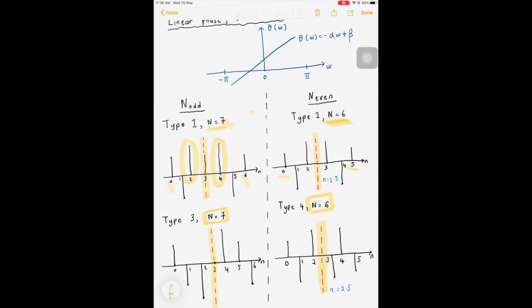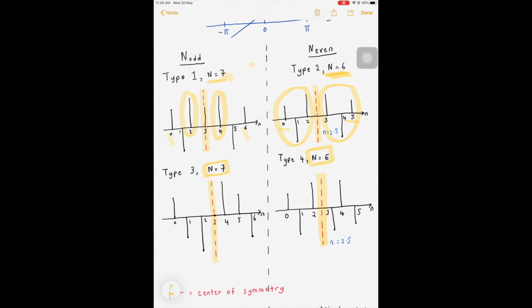Same goes to the others. For type 2 with even N, you still have the same magnitude at the positive side and also at the negative side.